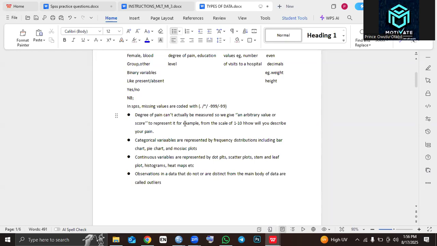But in data, when you are trying to analyze something like that, we would have to assign a value to it. So what we do is that we assign a score to it.